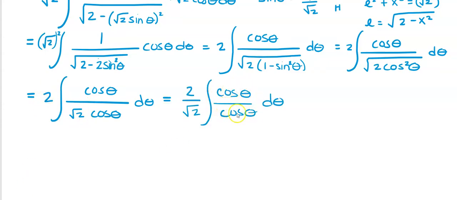Now what's really cool is these two cosines will simplify down to 1, and we'll end up with just the integral of 1 with the coefficient 2 over root 2. So 2 over root 2, 1 d theta, and we just have to take the antiderivative of 1 in terms of theta, which would just be theta.